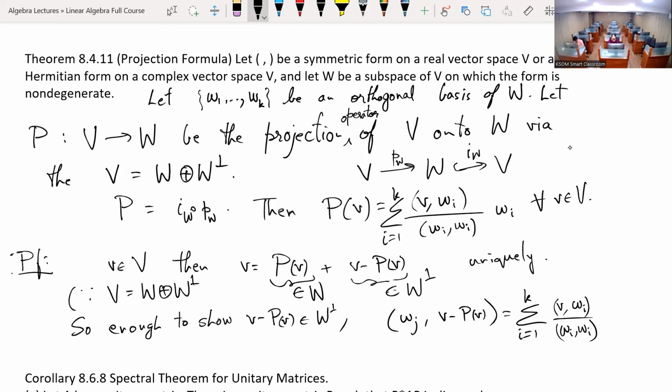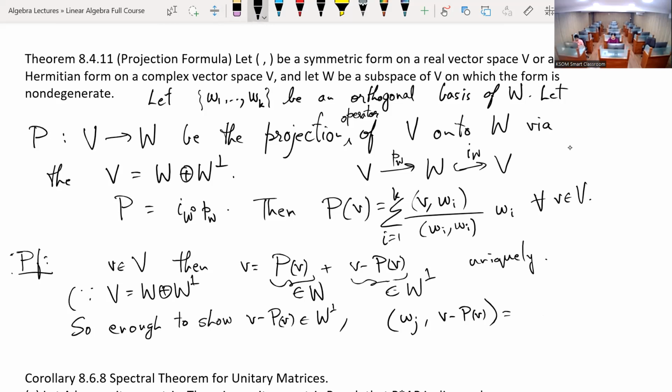This is the coefficient of Wi, and then, oh, it's V minus PV, so there will be a negative sign. So sorry, maybe I have to do it with V and PV.